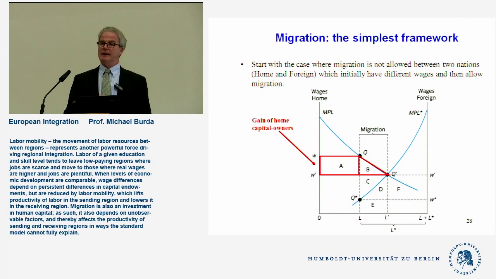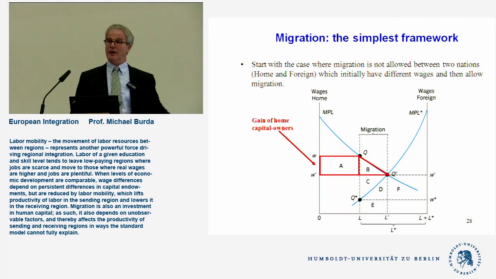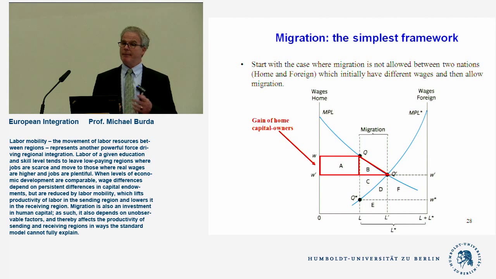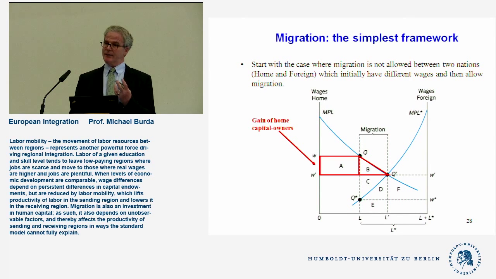And their gain is not just the new migrants, but the fact that wages are now W prime instead of W. So the surplus to the producers from this change in wages is A plus B, the sum of those two regions. Obviously the firm owners in Finland win because they can employ labor at a lower wage. Now, part of that you can think of as an efficiency gain. We call that producer surplus. That would be the triangle B, because A is just a transfer, if you like.